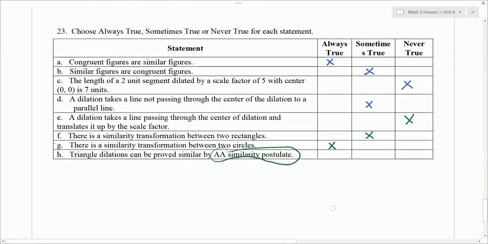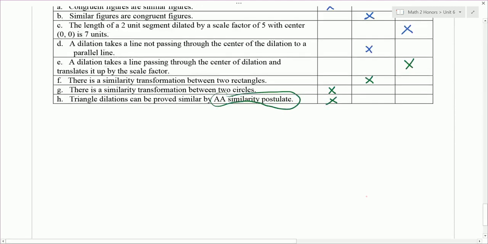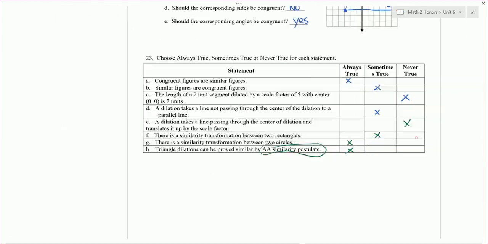In dilations, you can argue that since the sides of your triangle stay parallel, the angles are going to stay congruent, and then you can use that AA similarity postulate. And that's the end of our review.